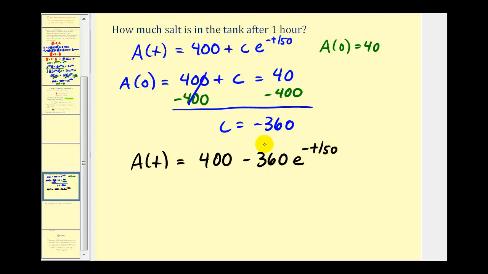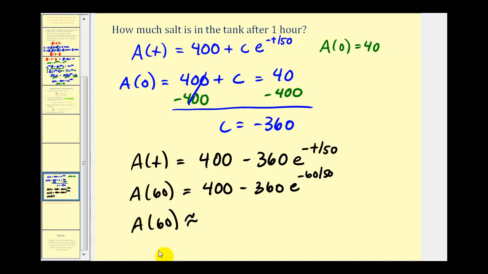And now we can determine how much salt is in the tank after 1 hour, but we need to be careful here because t is time in minutes. Therefore, for 1 hour, we have to find A of 60, not A of 1. And we know this because the initial flow rates were given in gallons per minute. So our exponent here would be negative 60/50.